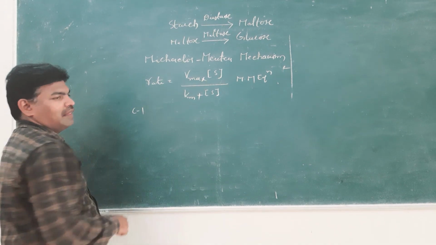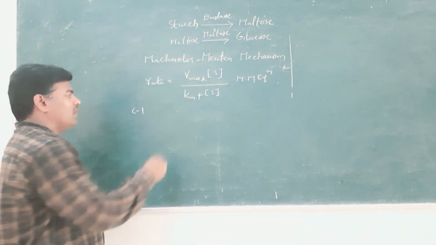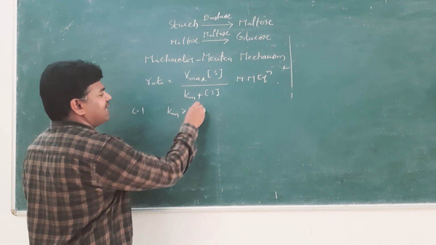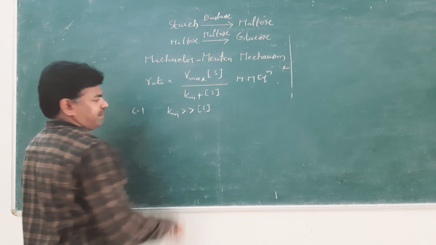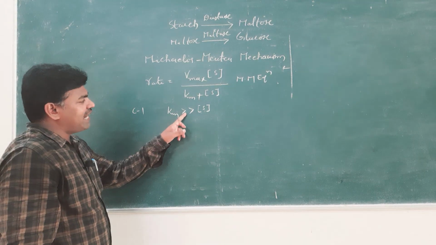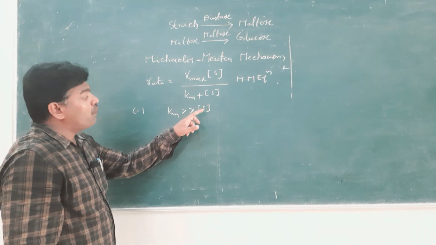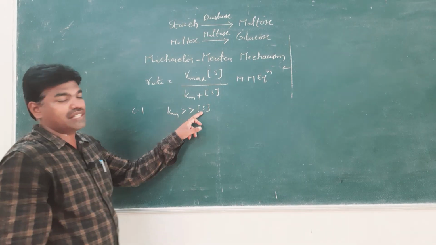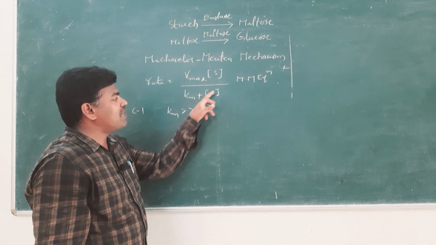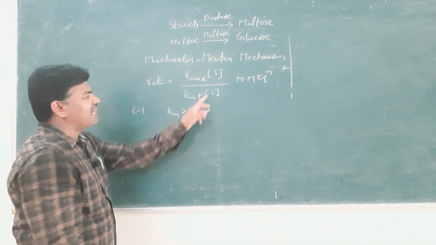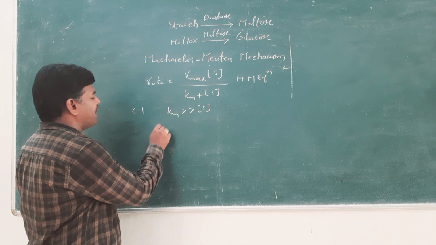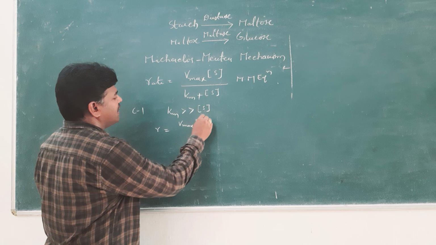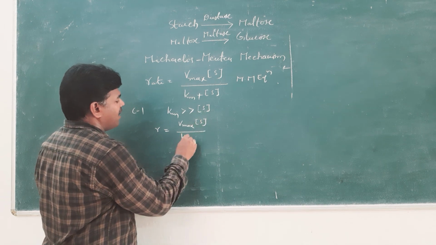Condition 1: when Km, the Michaelis-Menten constant, is greater than the substrate concentration, we can neglect the substrate concentration. Therefore, rate is equal to Vmax into concentration of S by Km.